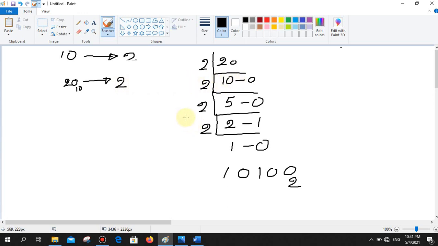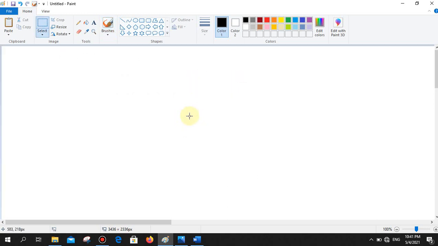Right, we'll try out another number. Okay, we'll take the number 50, that is decimal. We are going to convert it into binary. So you can write the number, and we are going to divide it.